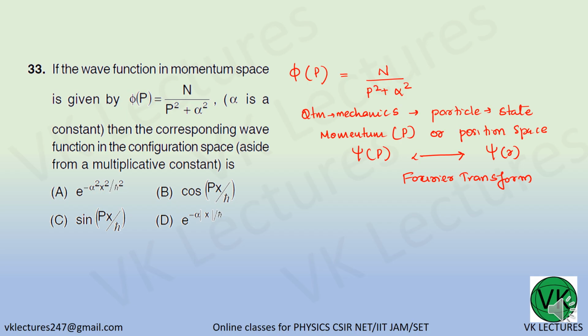What is a Fourier transform? We have already seen psi of x equal to 1 divided by root of 2 pi h cross integral from minus infinity to plus infinity phi of p e to the power i px by h cross dp.